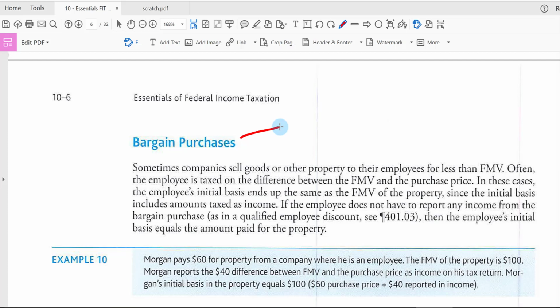And that discount generally is tax free if it doesn't go below the cost to the employer. But if it goes below the cost, that difference is going to be taxable to the employees. And then the basis now to the employee would be what they pay plus whatever income they had to report as taxable. Okay, so that's a bargain purchase.